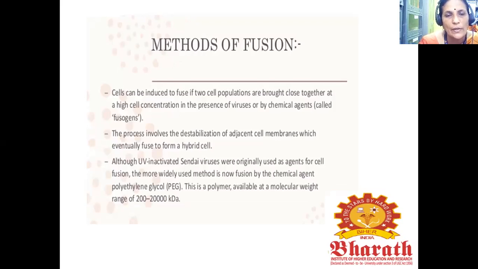Although UV-inactivated Sendai virus was originally used as an agent for cell fusion, the more widely used method is now fusion by the chemical agent polyethylene glycol. This is a polymer available at a molecular weight range of 200 to 20,000 daltons.